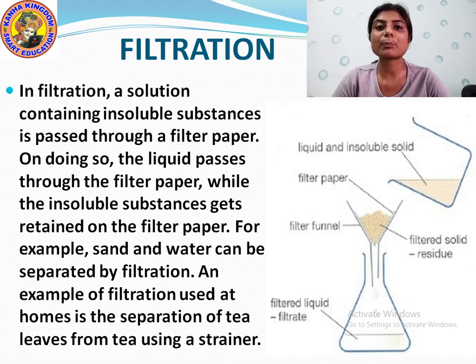So that is also a process of filtration. Understood? Filtration is a process in which a solution containing insoluble substances is passed through a filter paper. The liquid passes through while the insoluble substances get retained on the filter paper. Understood?